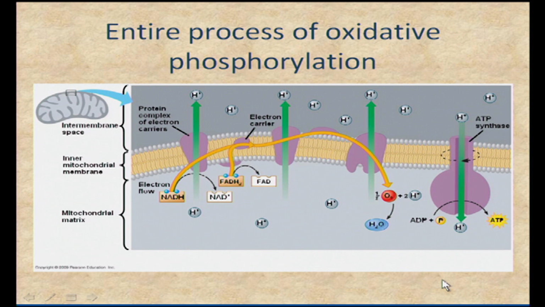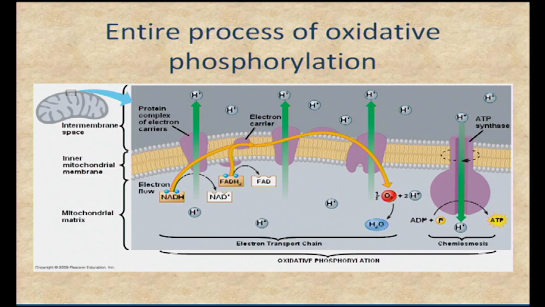So putting it all together, we have an electron transport chain that is responsible for converting the energy in a reduced form of a coenzyme into a hydrogen ion gradient, and then we allow that hydrogen ion gradient to come down ATP synthase in a process known as chemiosmosis, and in that case we make ATP. And again, the entire thing is called oxidative phosphorylation, oxidizing the NADH, phosphorylating the ATP through this fairly complicated chain of reactions.